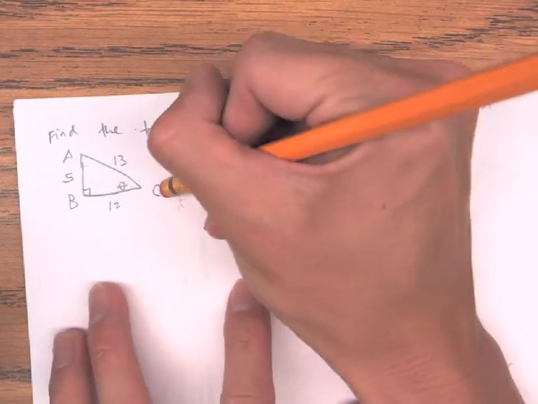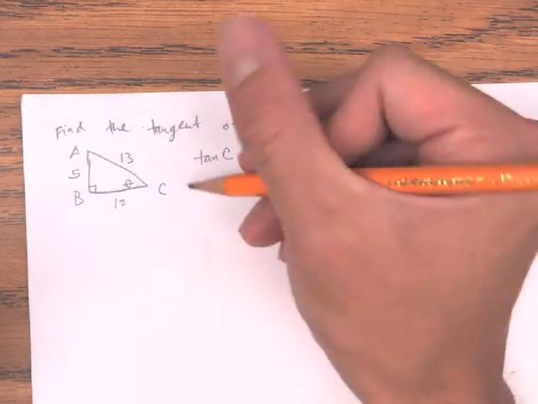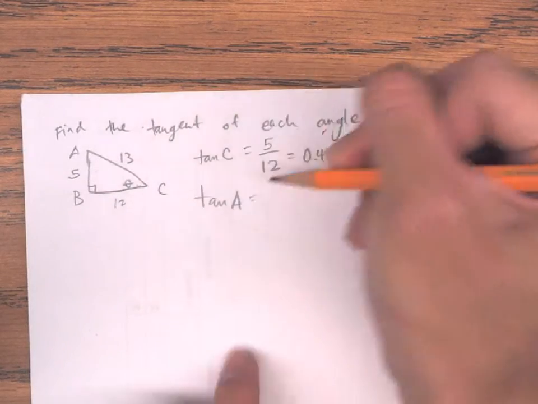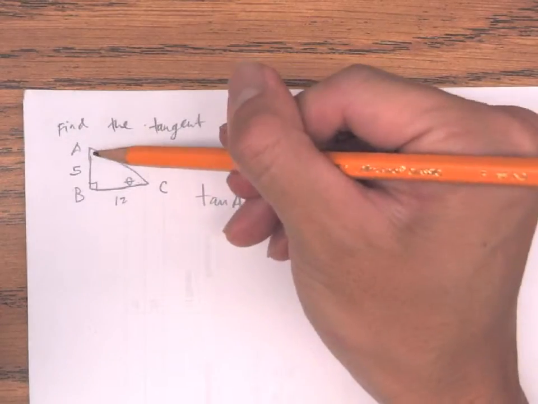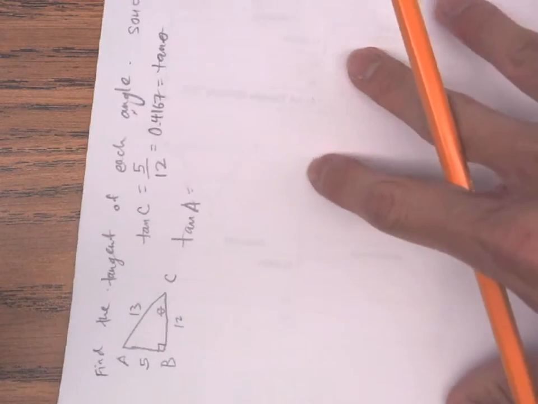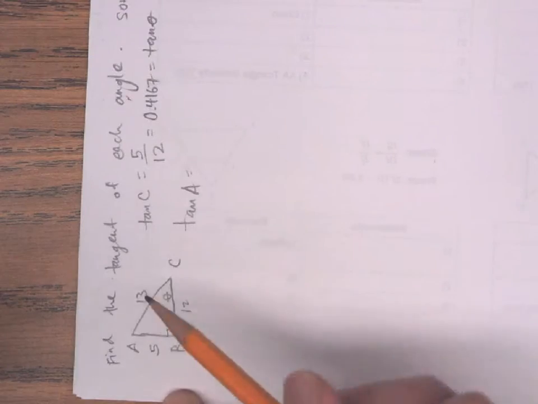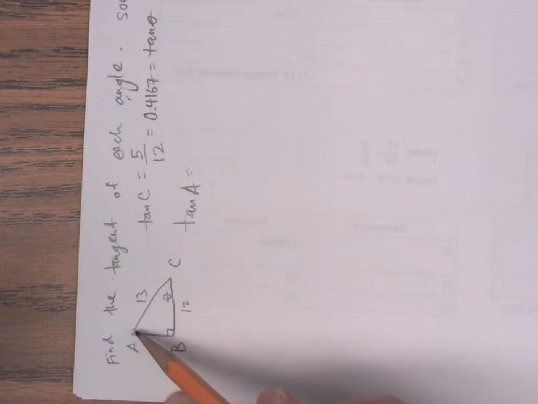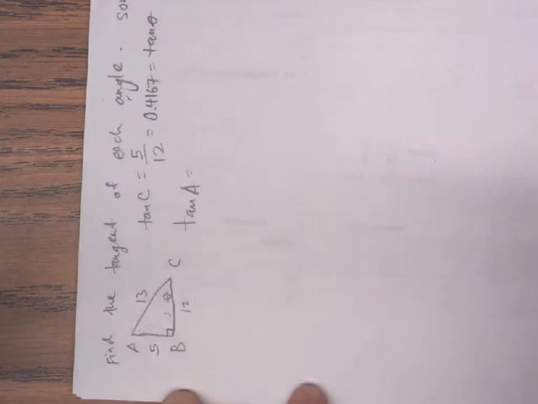The next part. What if we wanted to find the tangent of A? So let's say we want to find the tangent of this angle. If you look at it this way, you're looking at the side that is opposite. The side that is opposite of angle A will be this length here.